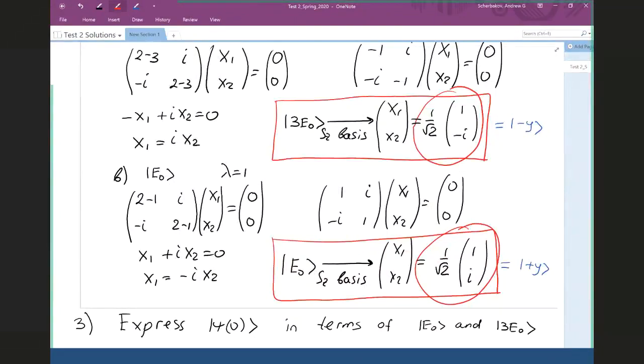So that means that the E naught eigenstate of the Hamiltonian is really the same as minus y, which is an eigenstate of the Sy operator, and the other is also an eigenstate of Sy. So the Hamiltonian and Sy have identical eigenstates, and remember that means that they commute. This theorem we proved in class.